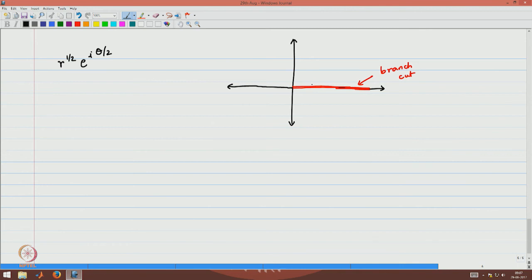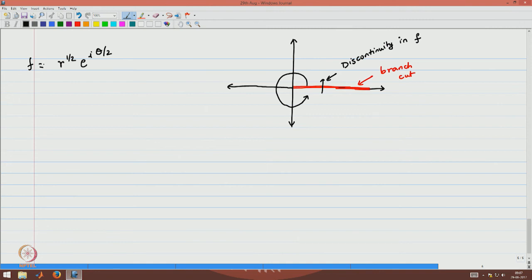Okay. So if you go from here to here, and you go back, all this is continuous. And there is a discontinuity in the function f.